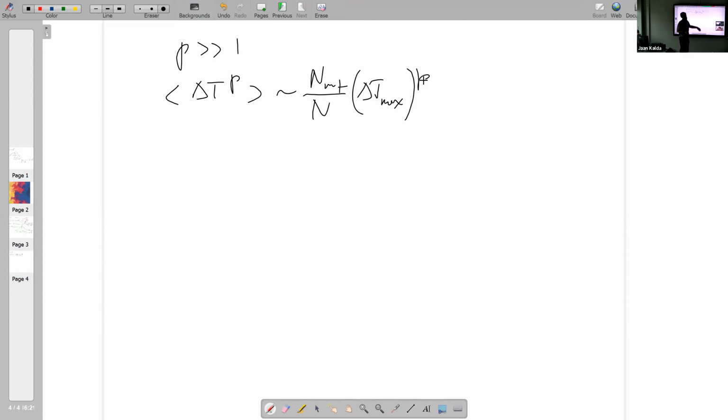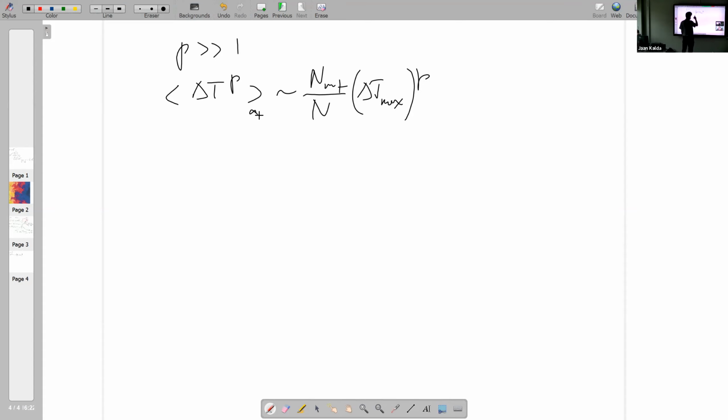We can just neglect those where delta T is not taking the maximum value. And then this thing over there is going to depend on the scale A. So we take this at scale A, right?